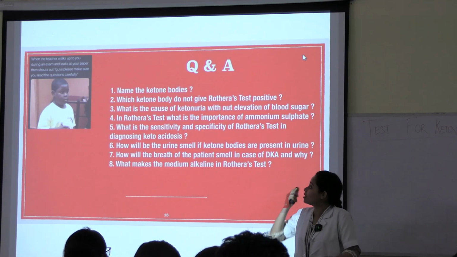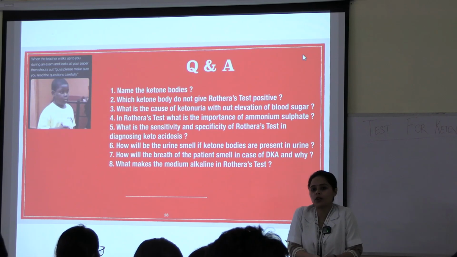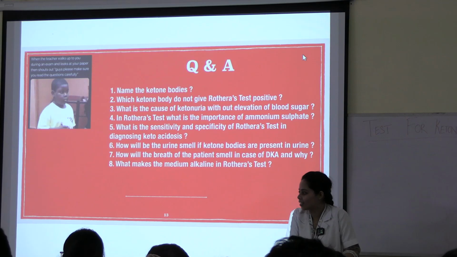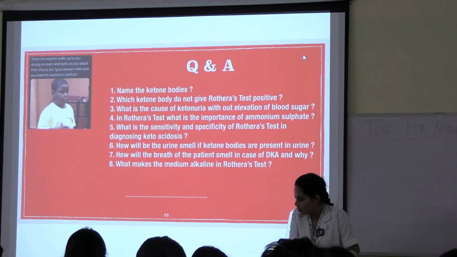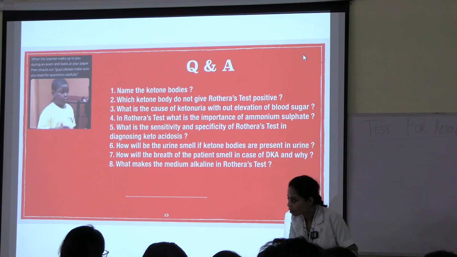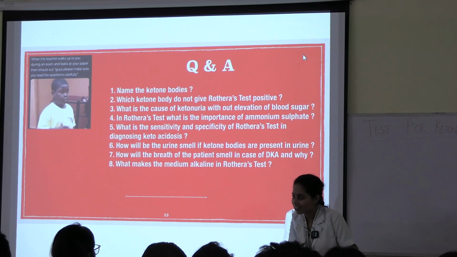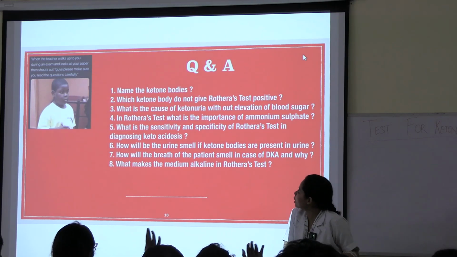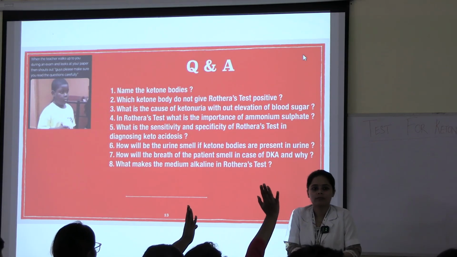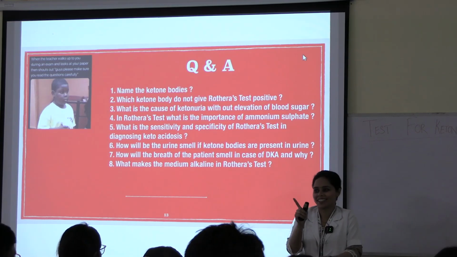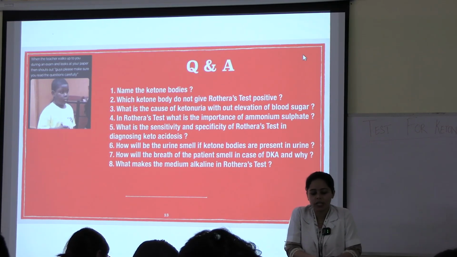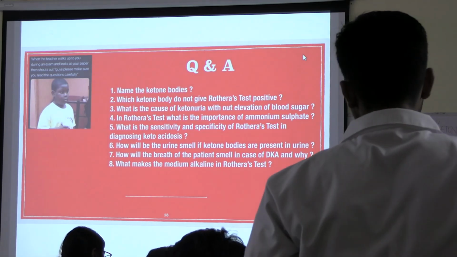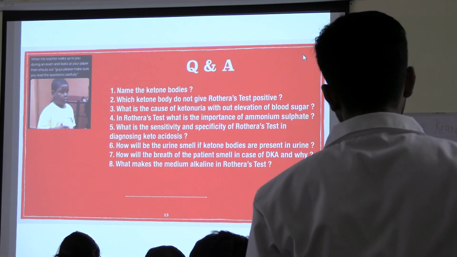Now who will answer, name the ketone bodies? Who can raise your hand? Acetone and beta-hydroxybutyrate. Yes. Now which ketone body does not give a positive Rothera's test? You tell. Good.